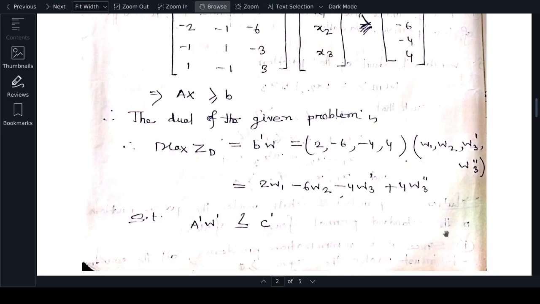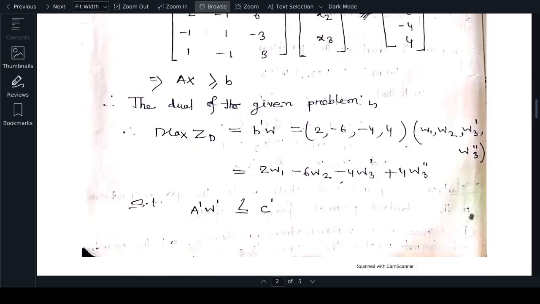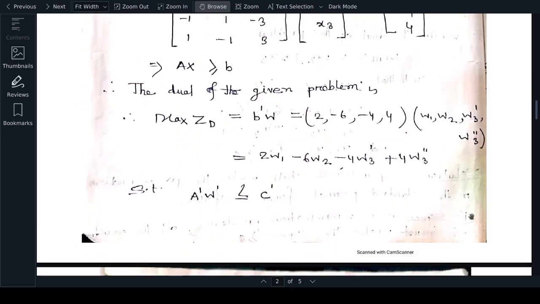Because in the original primal problem, three constraints are given, one is an equal to symbol and the remaining, one is greater than and one is less than. When we convert it into the standard primal form, we get four constraints from three: an equal to symbol can be written as one greater than and one less than. So this is adjusted by the unrestricted variable. So we use w3 dash and w3 double dash.